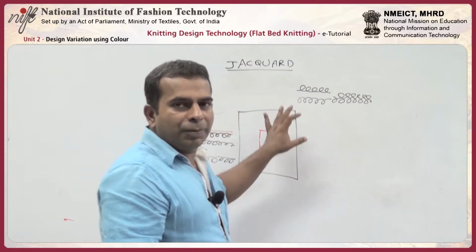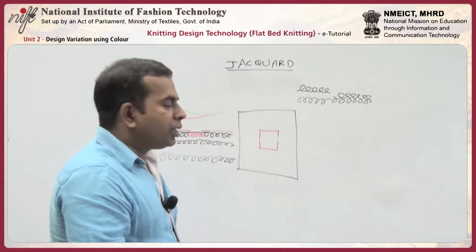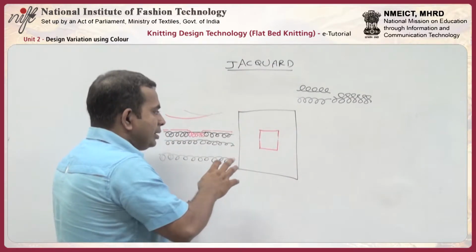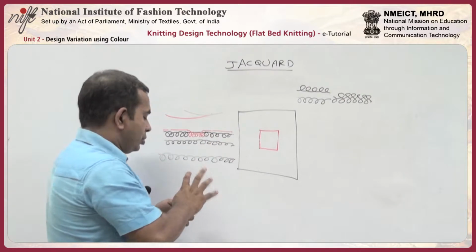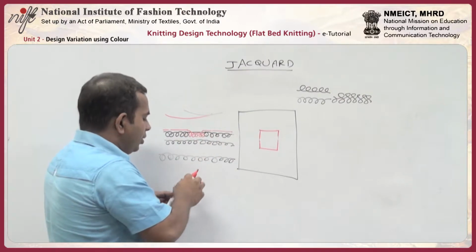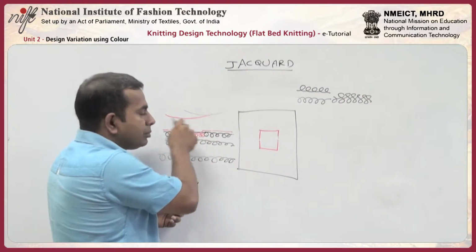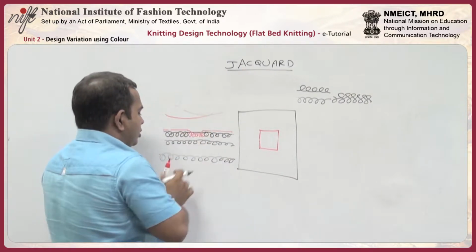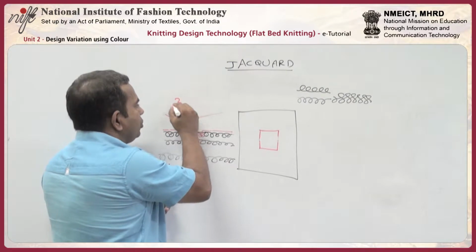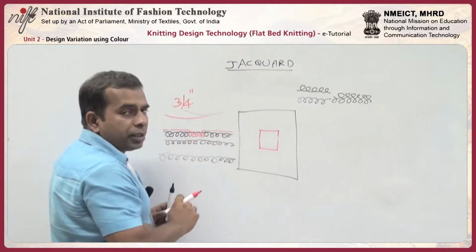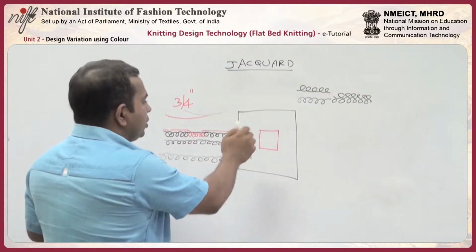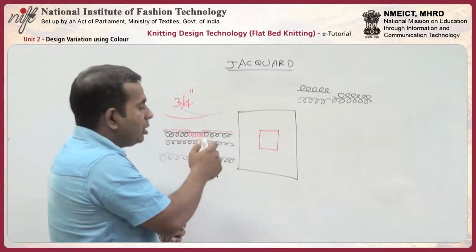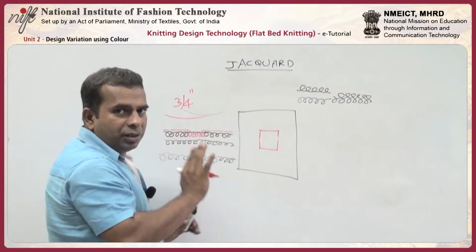That means that fabric cannot be used further. So as a safety measure, we will have maximum float length as 3/4 of an inch only. So 3/4 of an inch, almost this much size, that is the kind of float we can have.